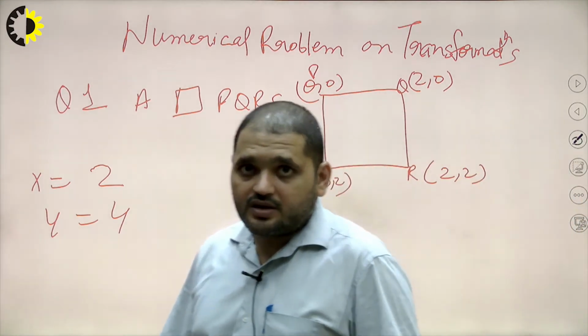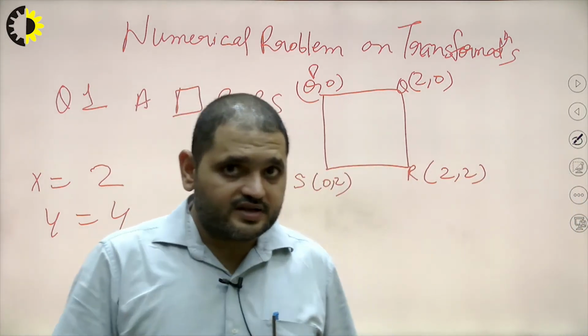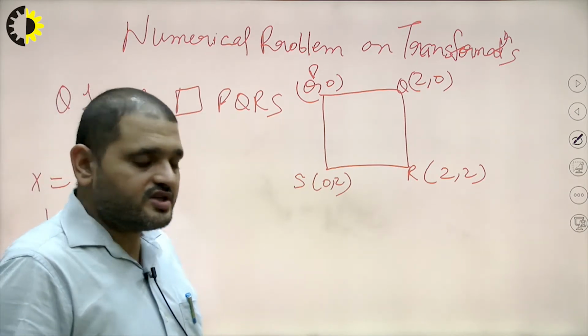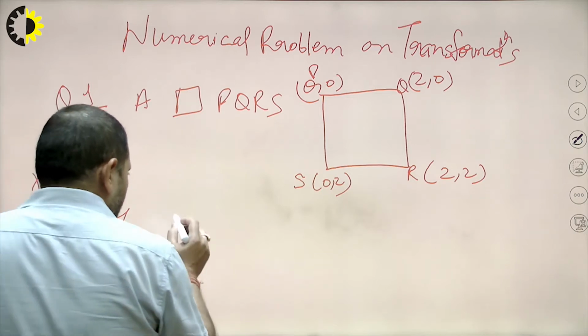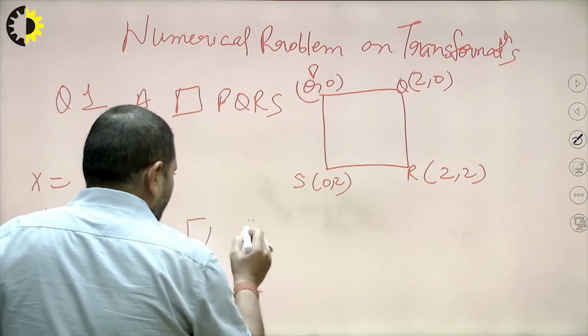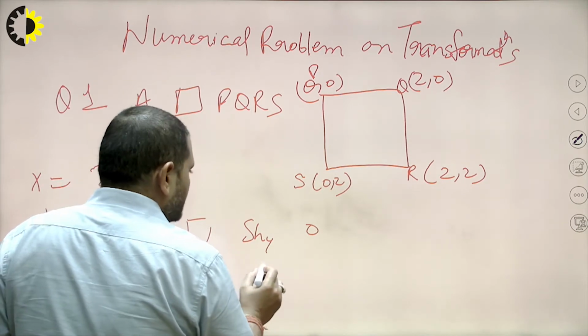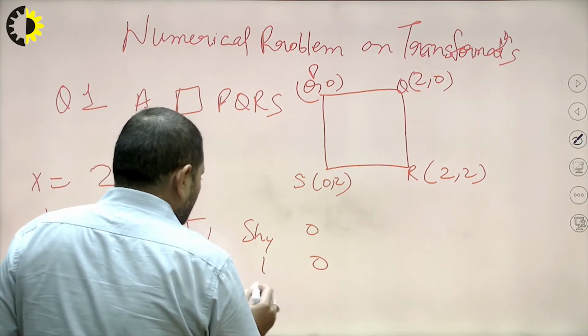So how will we find out the final coordinates after transformation? We know the transformation matrix for shearing is 1 SHY 0, SHX 1 0, 0 0 1.